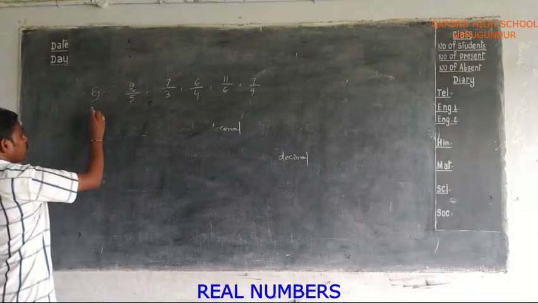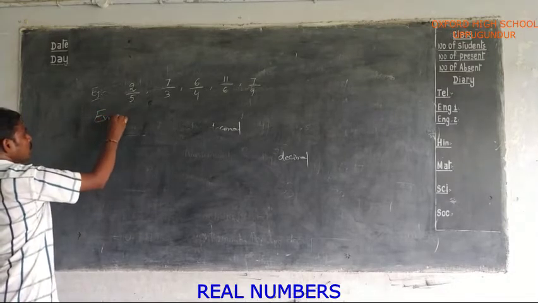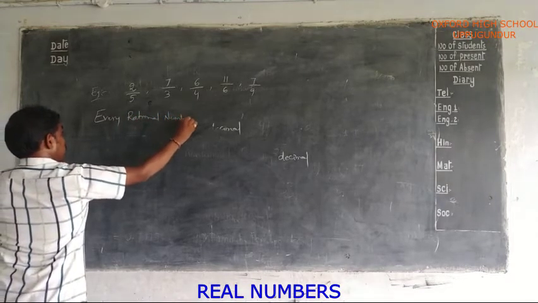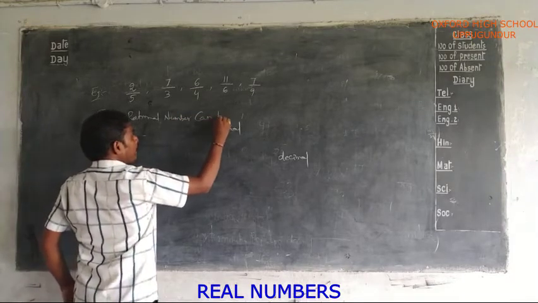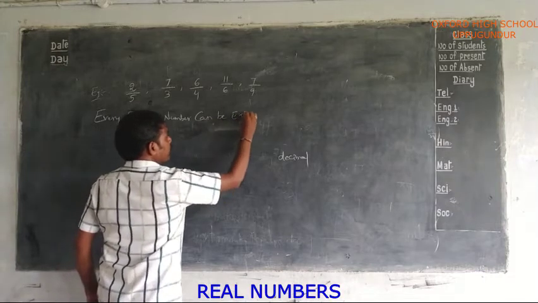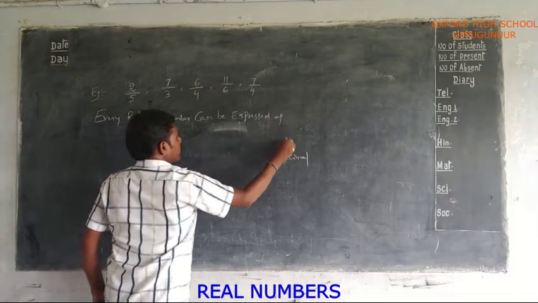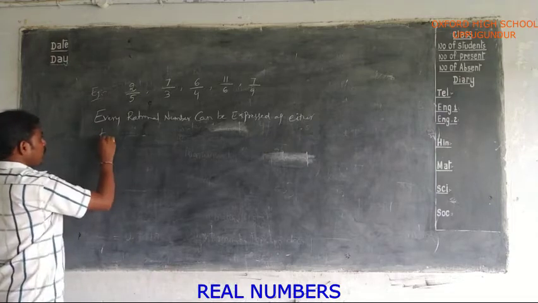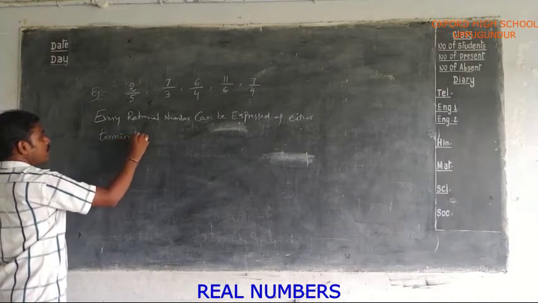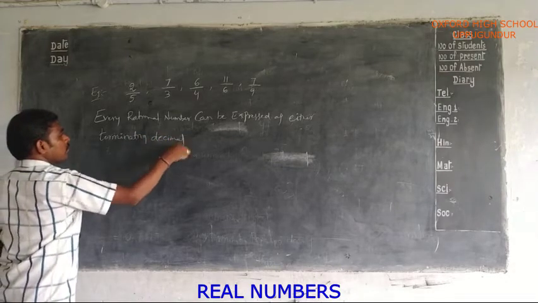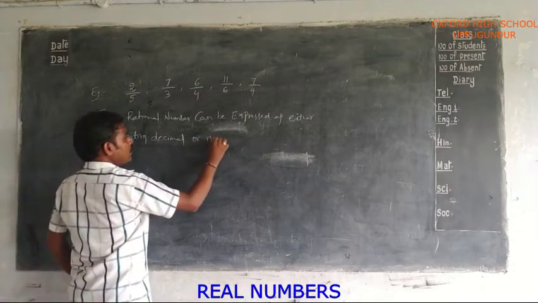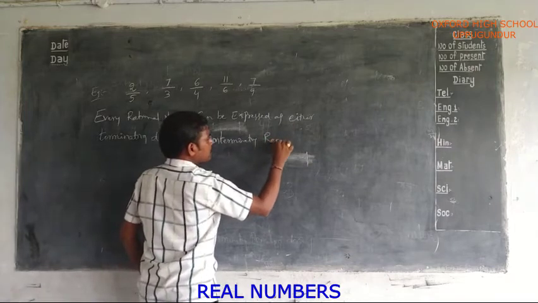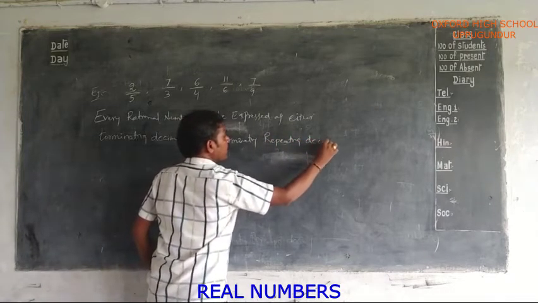That means every rational number can be expressed as either a terminating decimal or a non-terminating repeating decimal.